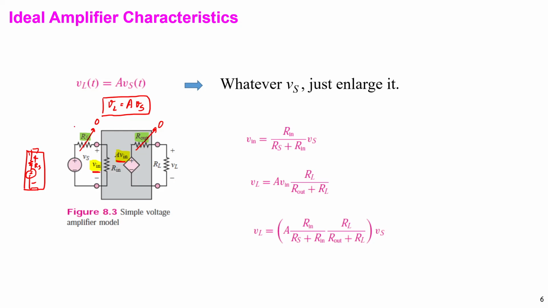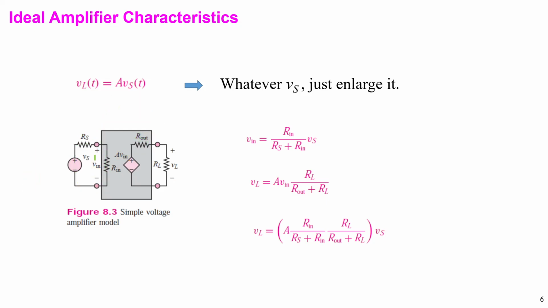But if we consider Rs and Rout here, in this case, we consider this loop. V in can be obtained by voltage divider.